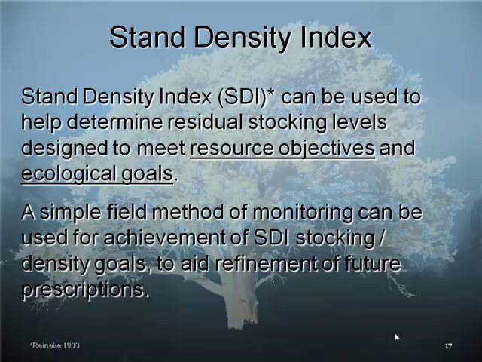Stand density index is a measure of tree density, based on the maximum amount of trees that can be on a site by species, as opposed to other forms of density measurement such as trees per acre. Stand density index gives you some idea of relative competition between trees. Basal area, unless you know exactly what the details are, you can't put those two together.